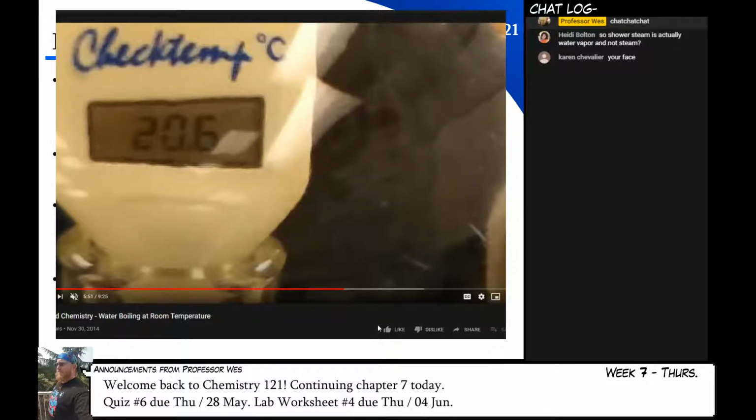Type it in the chat if you have any idea. Not quite from the pressure change. I mean, the pressure change eventually caused it, but that's not the answer I was looking for, unfortunately.